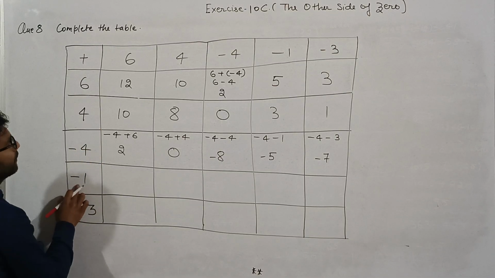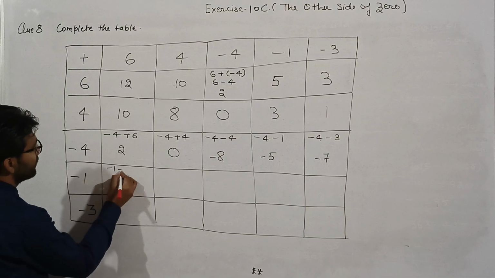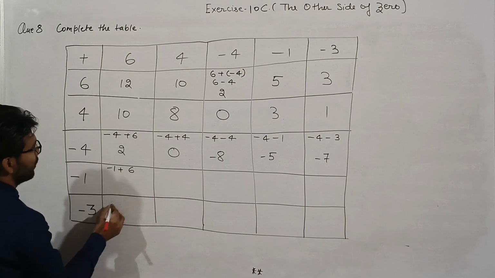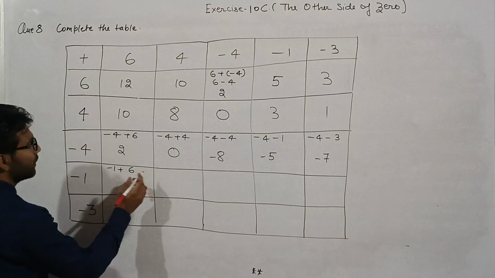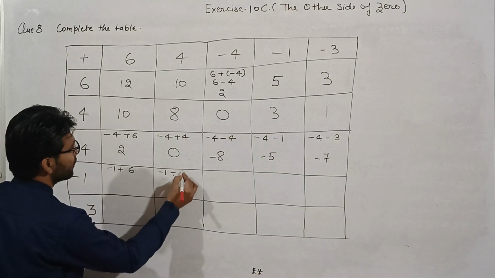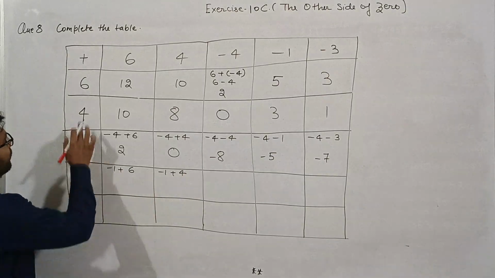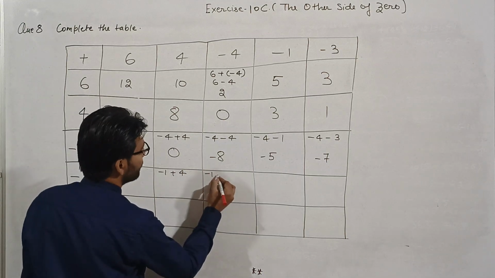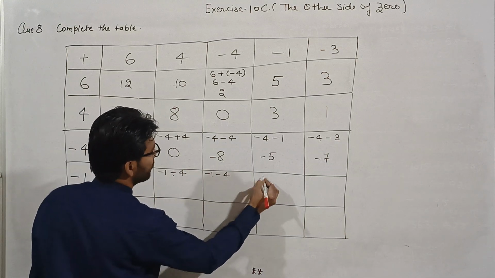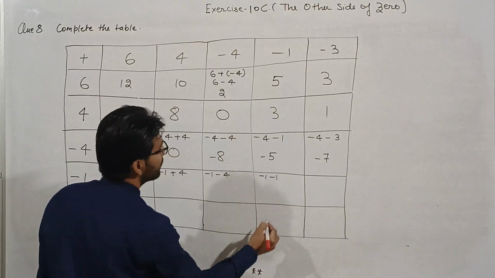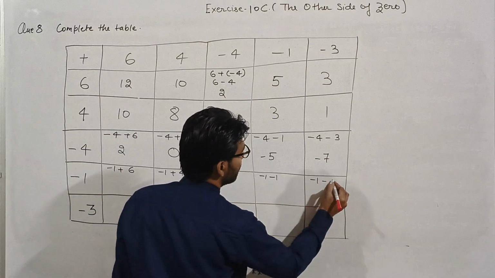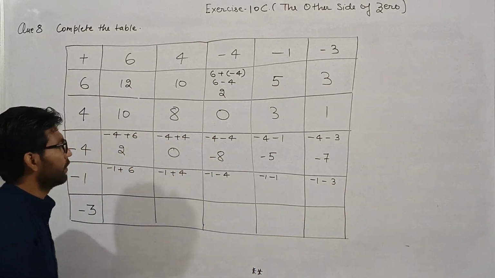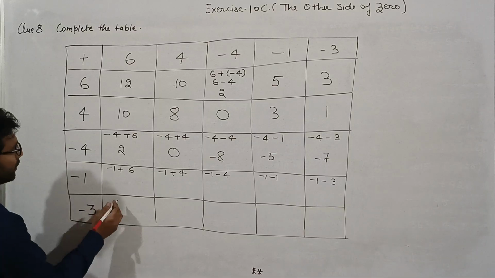Okay, minus 1 plus 6. Let me write this, then we can do it. Minus 1 plus 4. Minus 1 plus minus minus, so minus 1 minus 4. Minus 1 minus 1. Minus 1 minus 3.